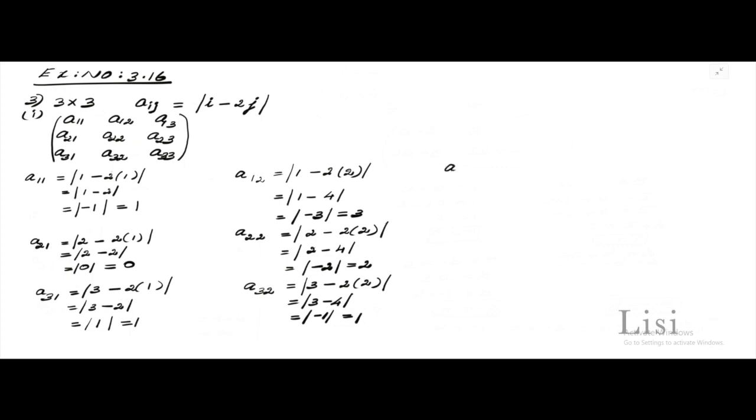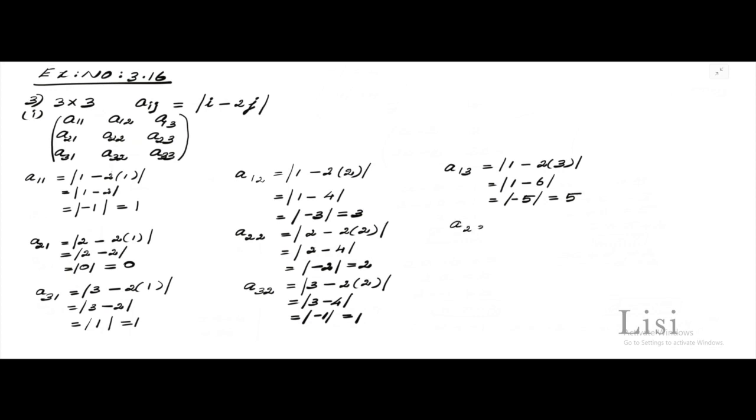Next, A13 is equal to determinant of i is 1 minus 2 into j is 3, which is determinant of 1 minus 2 threes are 6. Find the difference between 1 and 6. It is 5 and 6 has minus, so put minus. The determinant of minus 5 is plus 5.